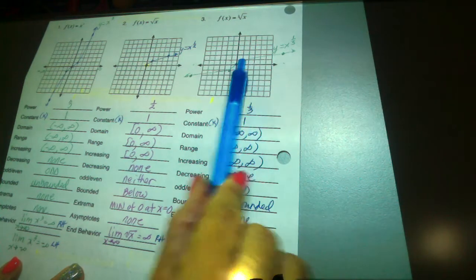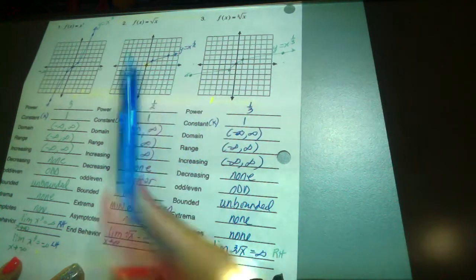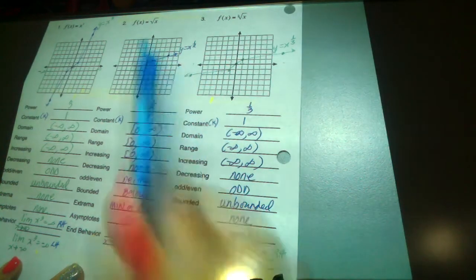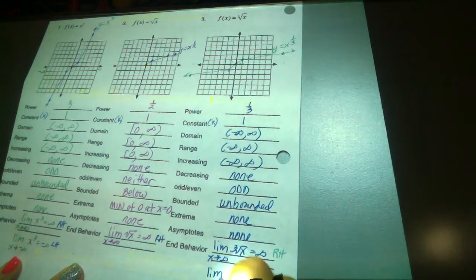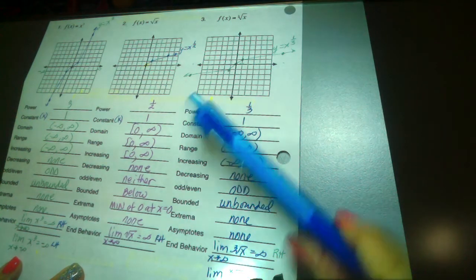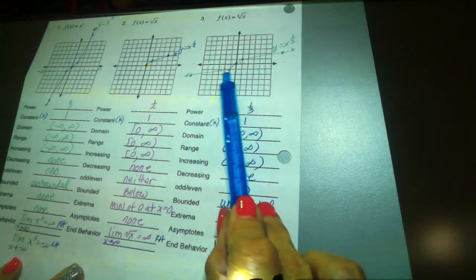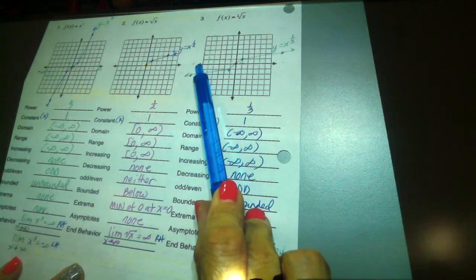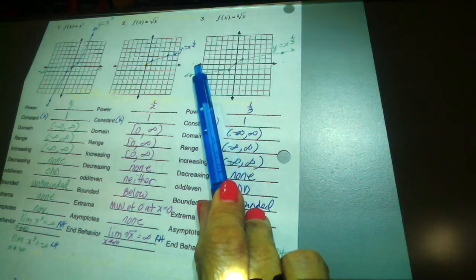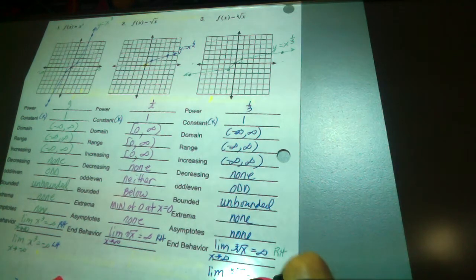Then, if we go to the left, which would be your left-hand behavior of the graph, we are approaching negative infinity on the x side. So as x approaches negative infinity of this function, what is happening to the graph? Is the y value doing what? It's going down, it's approaching negative infinity. So again, your left-hand behavior and your right-hand behavior do not agree.